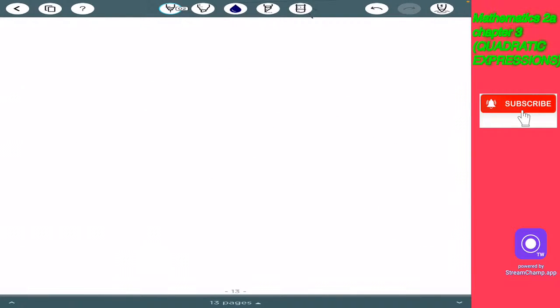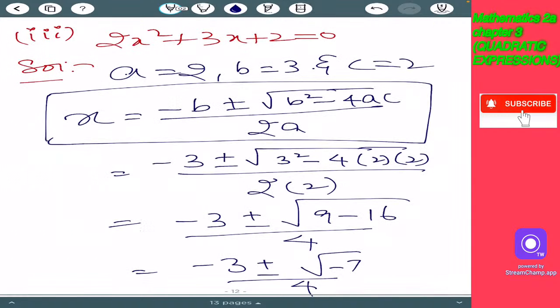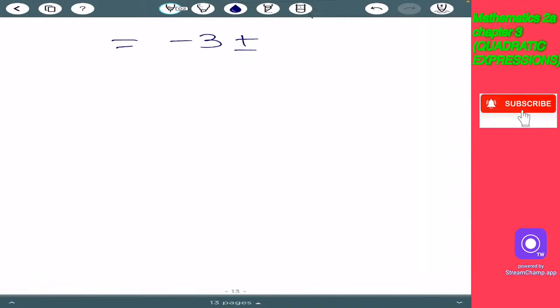It says it does not exist, but we can have an imaginary root for that. Since it is minus, by removing the minus we say there is an imaginary root, that is plus or minus i under root 7 by 4.